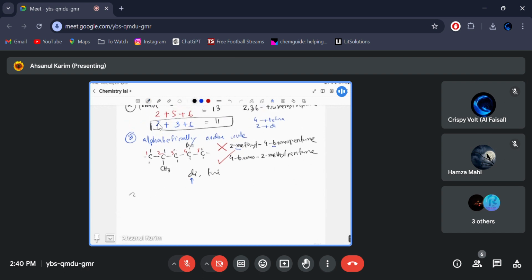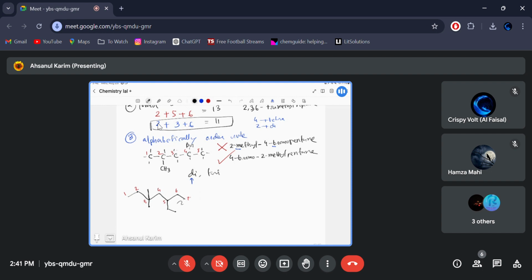For example, I have a compound here, this one. Okay, this is the skeleton model, right? These are the carbons. So let's number this: 1, 2, 3, 4, 5, 6, and this is 7, right?